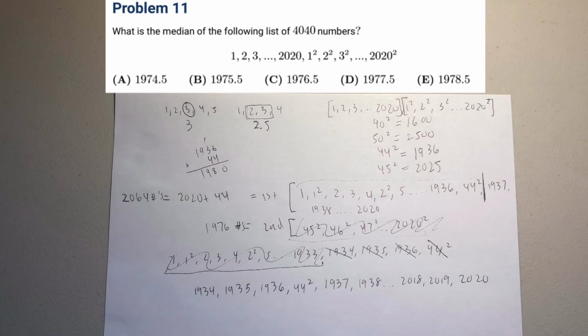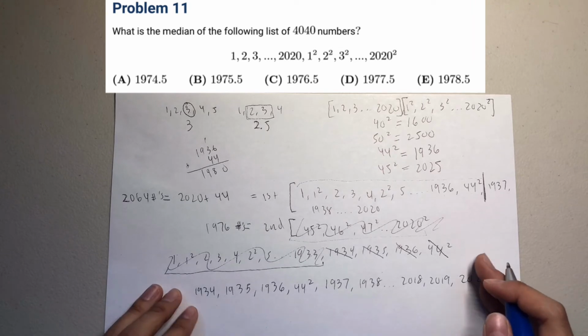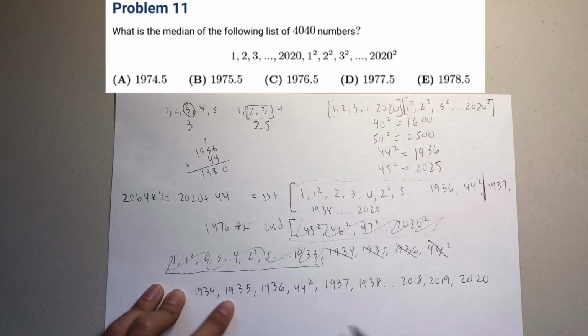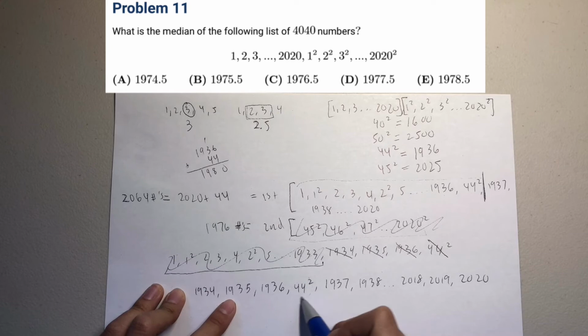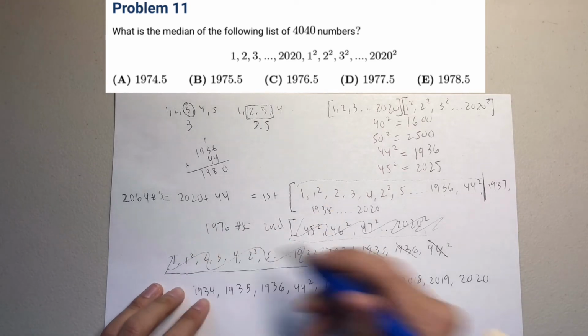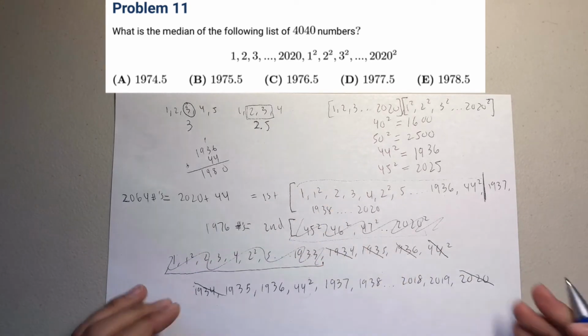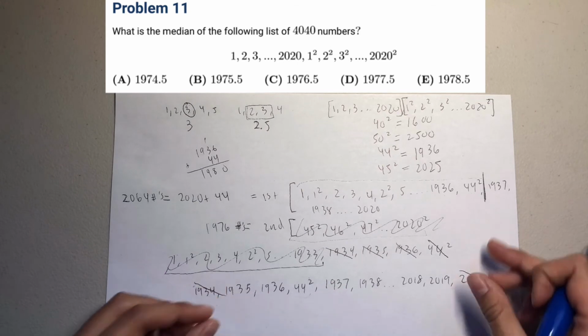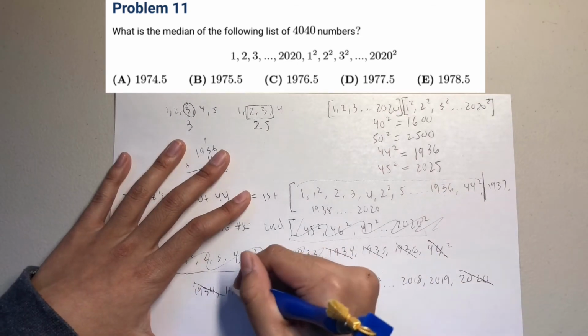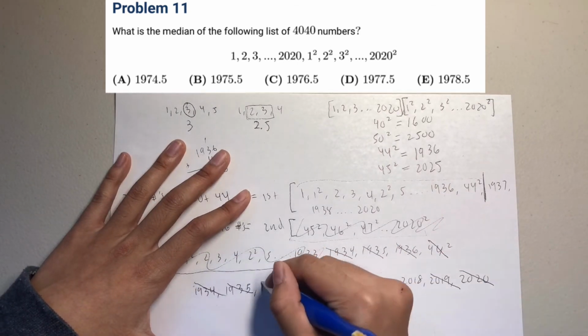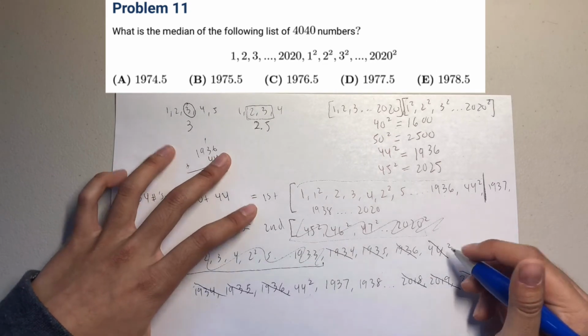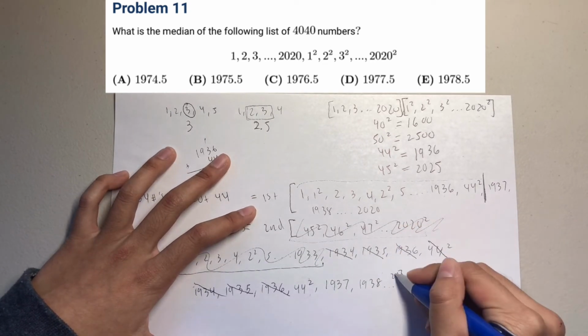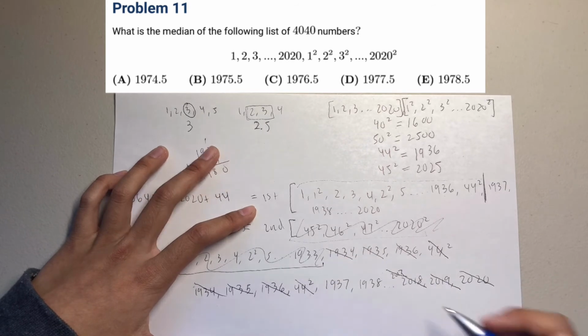This would be much easier if we just had a list of consecutive numbers, so I'm just going to cross out some of the numbers. Cross out this one and cross out this one. It'll make a shorter list, which is basically what we did here. Cross out this one. So 2017 and 44 squared.